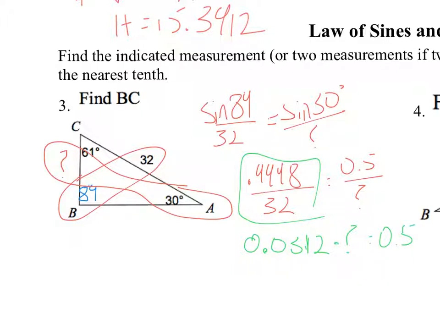When I divide by 0.0312, we get question mark. So we 0.5 divide by 0.0312, and we get question mark is really close to 16, which in fact is going to be 16.0024. I'm okay with us leaving that as 16.